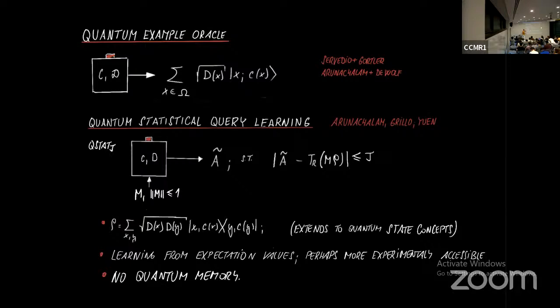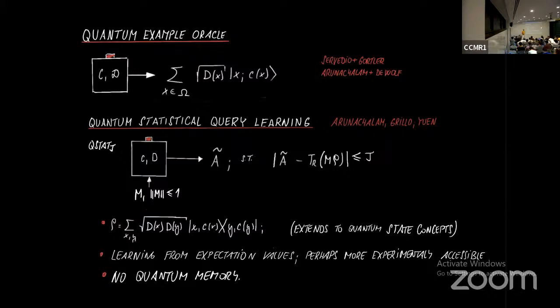Here, rho is this state, just a density matrix. But you can see that this model is quite easy to extend to concept classes over quantum states, which we also do. So this way you can see this model as learning from expectation values.